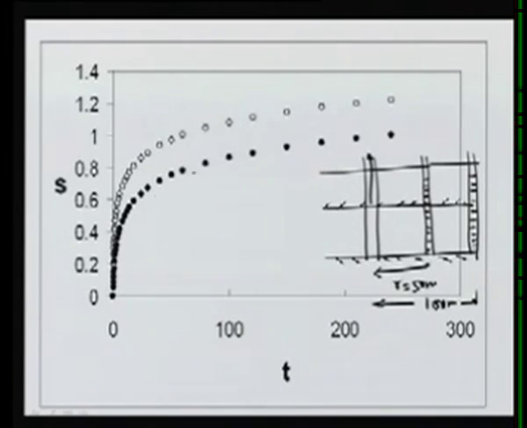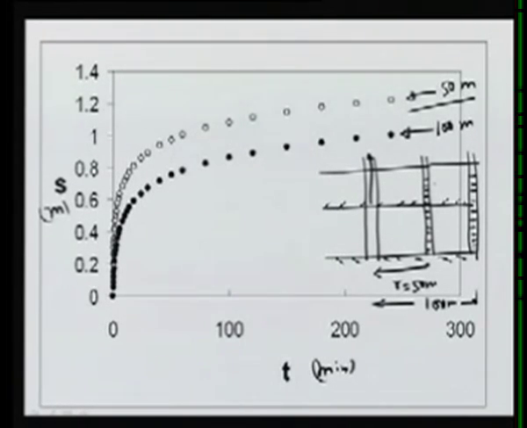So this curve shows t again in minutes and s in meters. The drawdown corresponds to the 100-meter well and the 50-meter well. We can see from this figure that these open circles, which represent the 50-meter drawdown, are higher than the 100-meter.